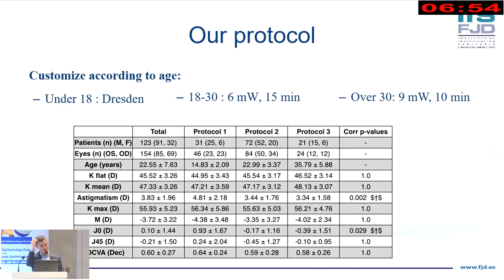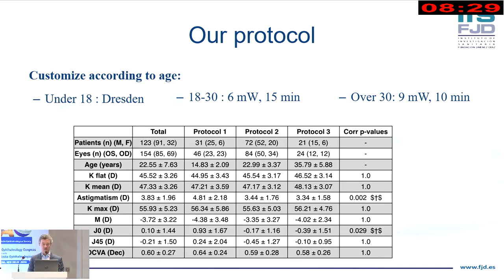So we decided to change our protocol according to the age of the patients. Below 18 years, we perform the Dresden protocol. Between 18 and 30 years, we perform a 15-minute protocol, and over 30 years old, we go with the 9 milliwatts, 10 minutes protocol.